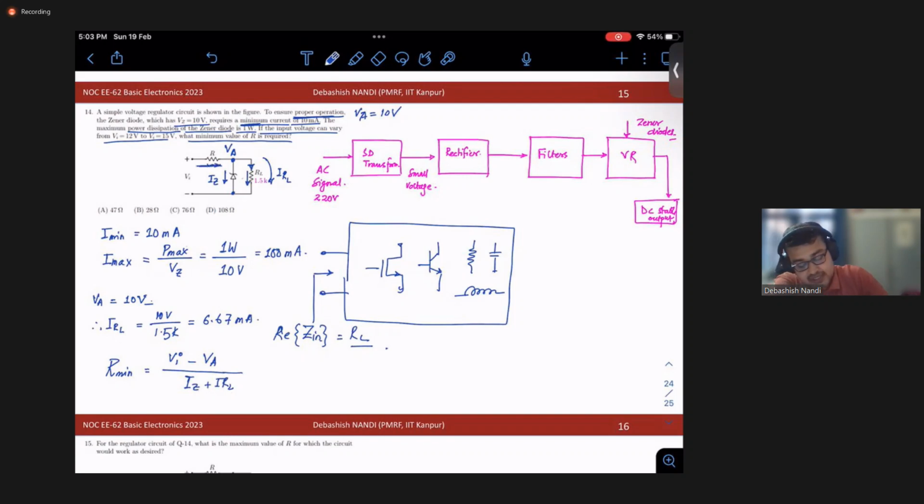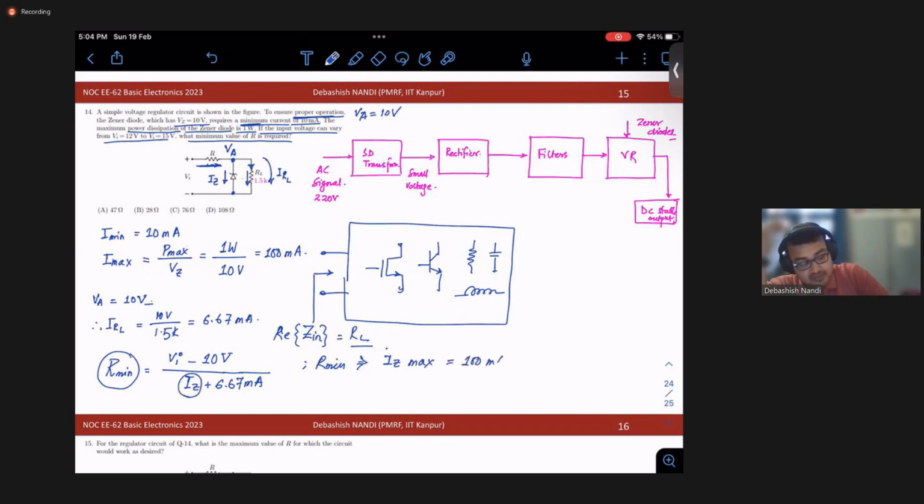VA is your 10 volt. IRL is nothing but 6.67 milliampere. So you need to find out R min, and R minimum will be when your IZ is maximum, so the denominator is maximum. IZ maximum is your 100 milliampere, right?